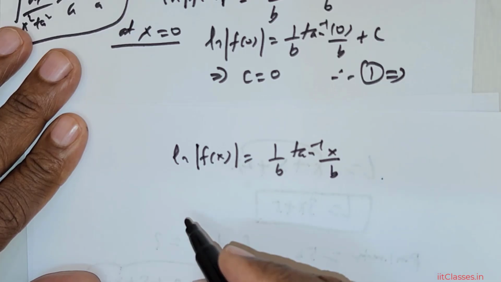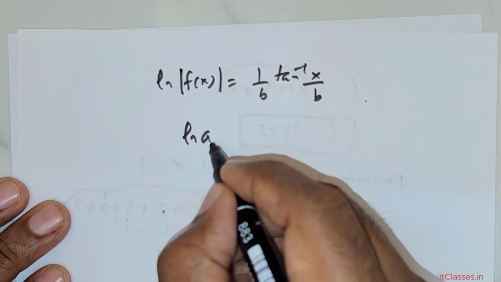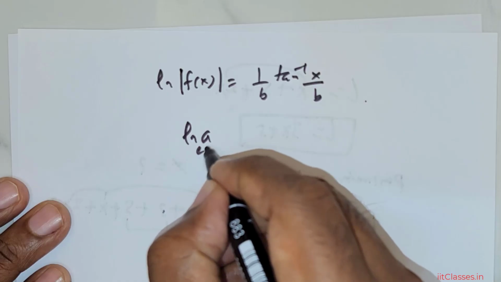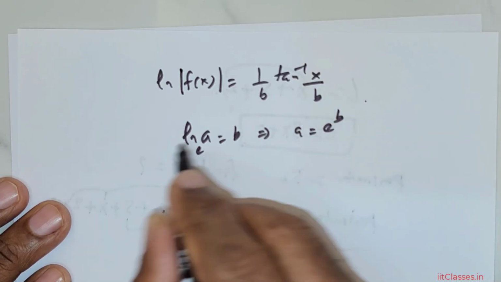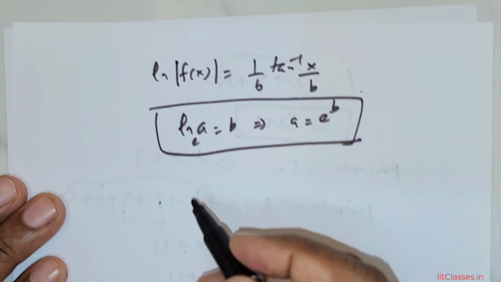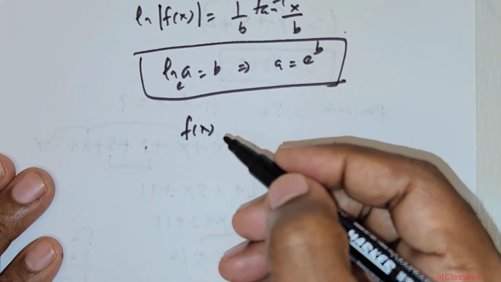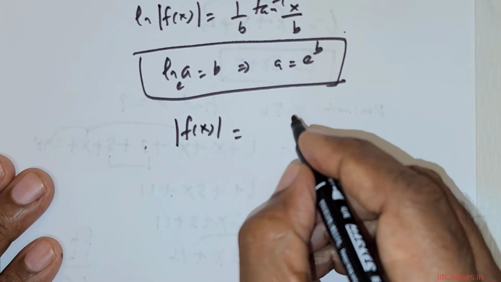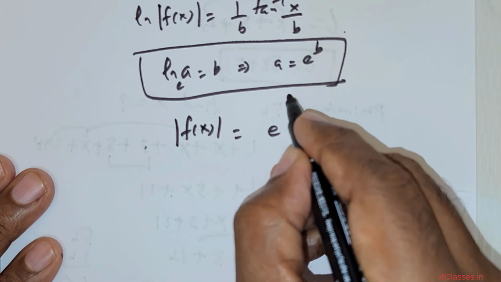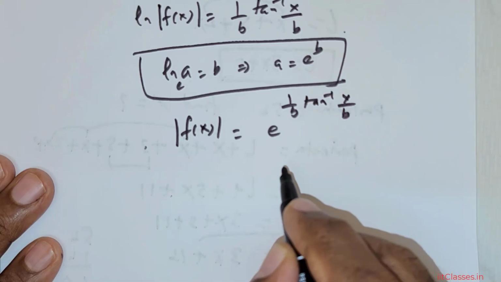Right. Now there is a popular formula. What is the formula? ln a with base e is equal to say b. This means a is equal to e raised to the power of b. So by this formula, you got modulus f of x is equal to e raised to the power of 1 over b tan inverse of x over b.